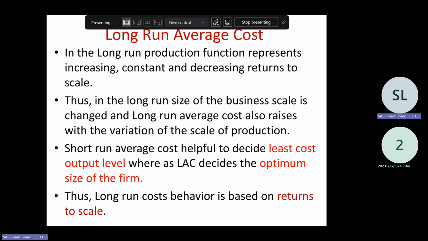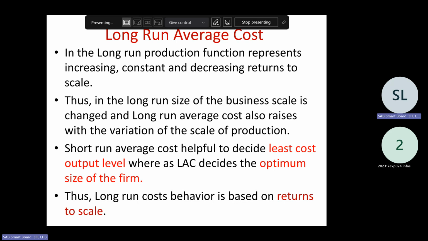Initially, when output increases in the long run, the long run average cost decreases, minimizes at a particular point, which is the long run cost minimizing output level, and thereafter tends to increase.